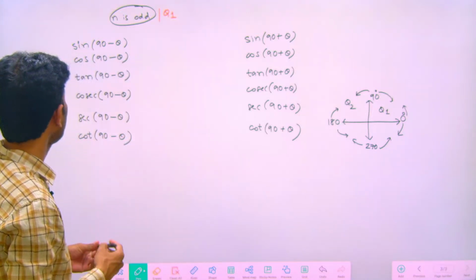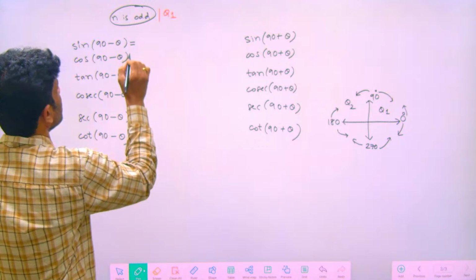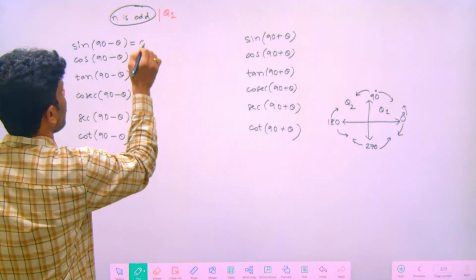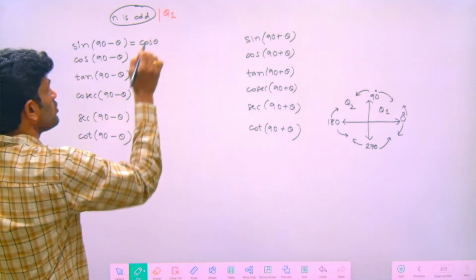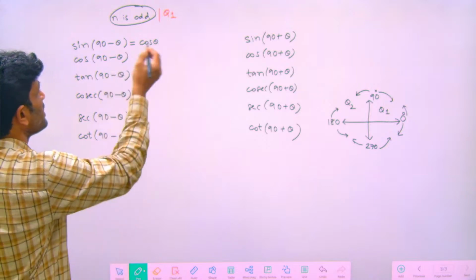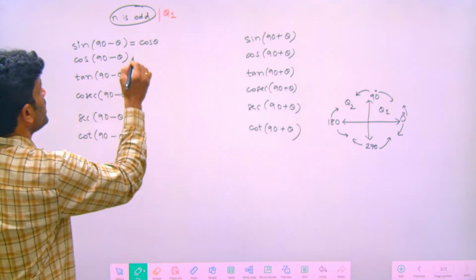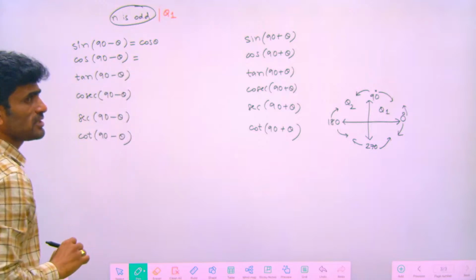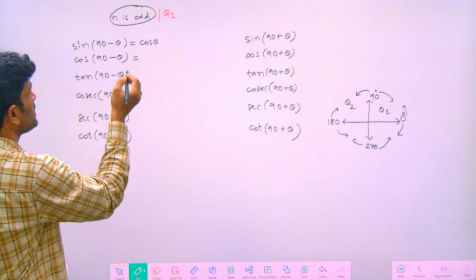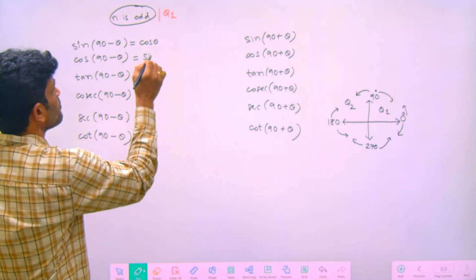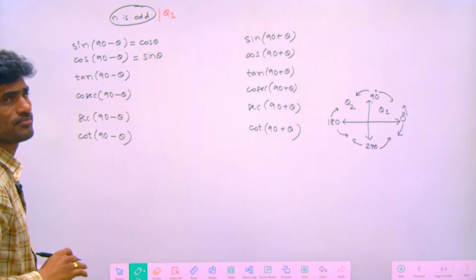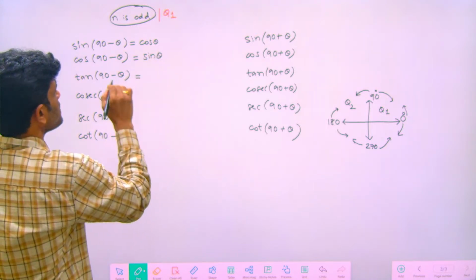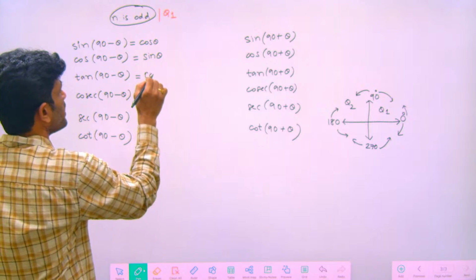So by these two, sine will become cos, and it is positive because it is in quadrant 1. So the result is just cos theta. Similarly, cos of 90 minus theta, the ratio will be changed and it is positive, so sin theta. Tan of 90 minus theta is cot theta.